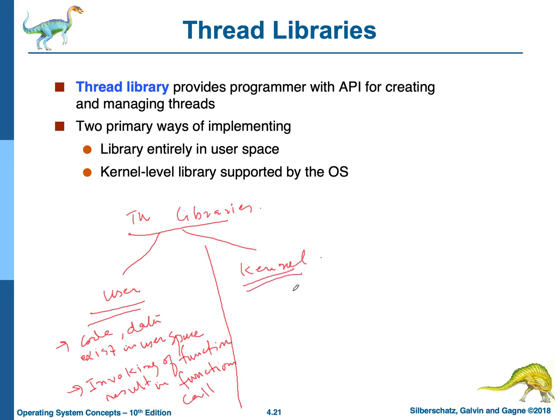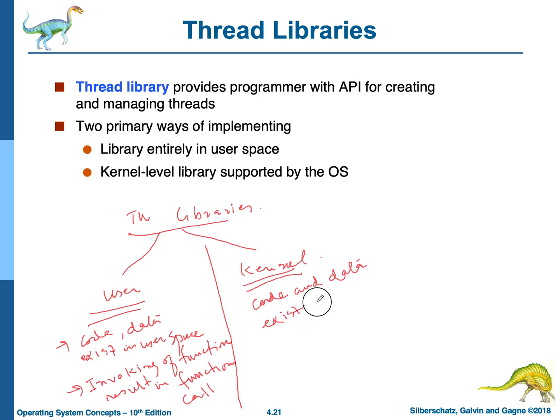While the kernel level libraries are supported directly by the operating system, where the code and data structures exist in the kernel space.